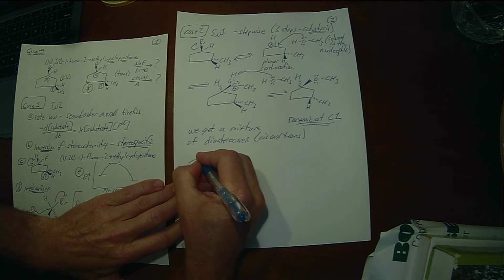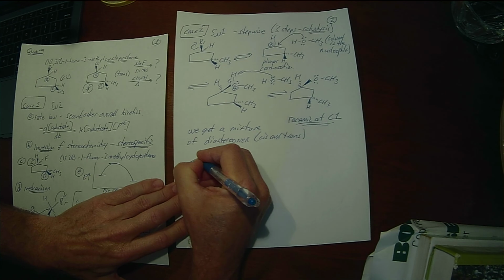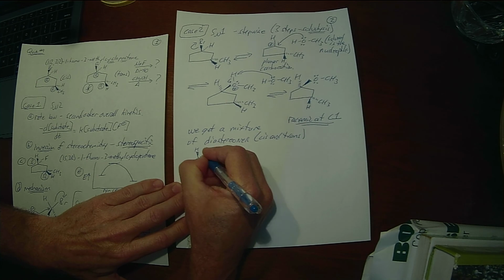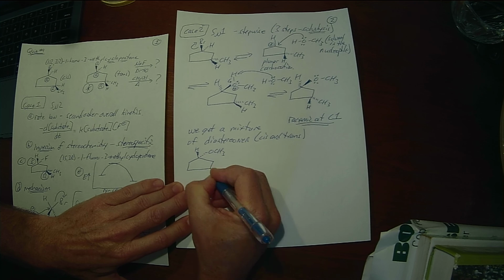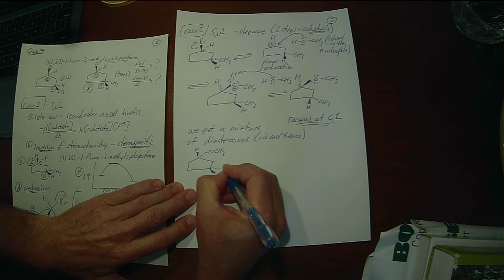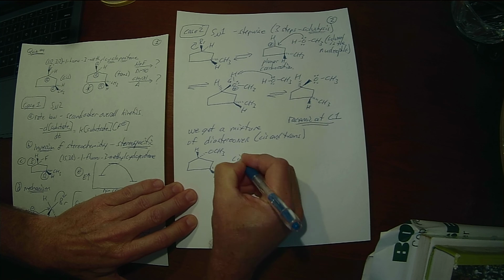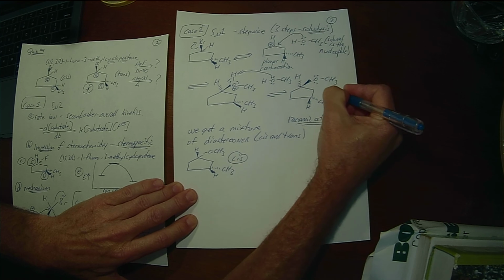So the other product has the hydrogen up and the OCH3 back. Right, so we have the cis isomer here, we have the trans isomer there.